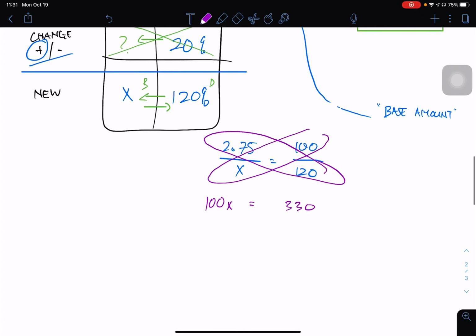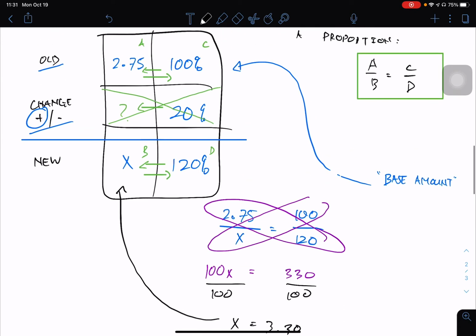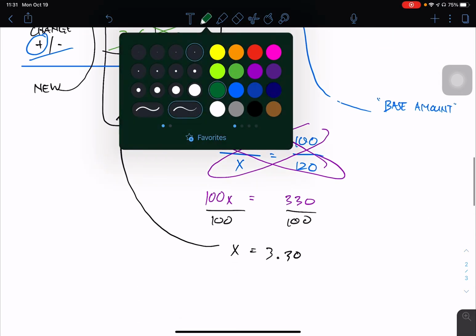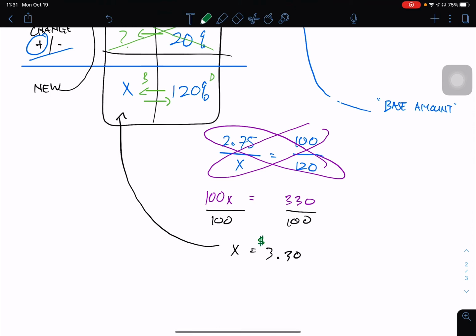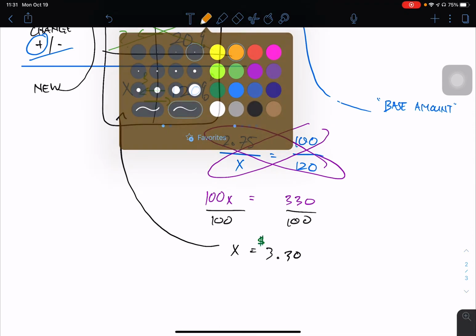And then if you divide both sides by 100, you get x equals 330. 330 what? Well, we were looking for this x right here, which is the new what? The new dollar amount. So this is a dollar answer right here. So the answer will be $3.30.